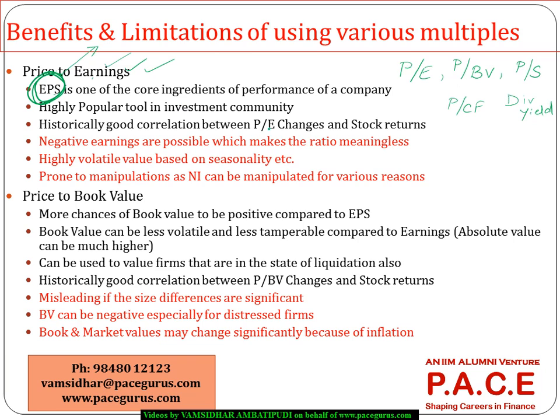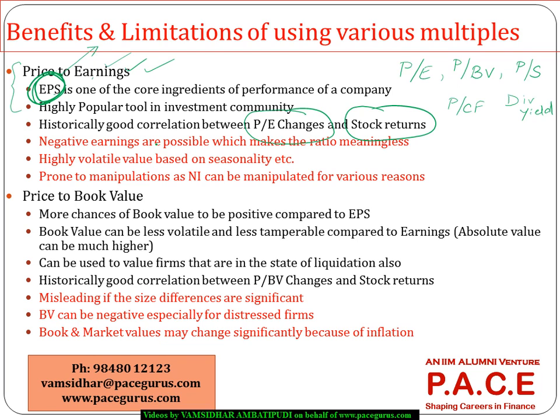And historically it has also been very much proven that the changes in the P by E versus the stock returns were very heavily positively correlated. So that makes P by E a very good tool to go with.